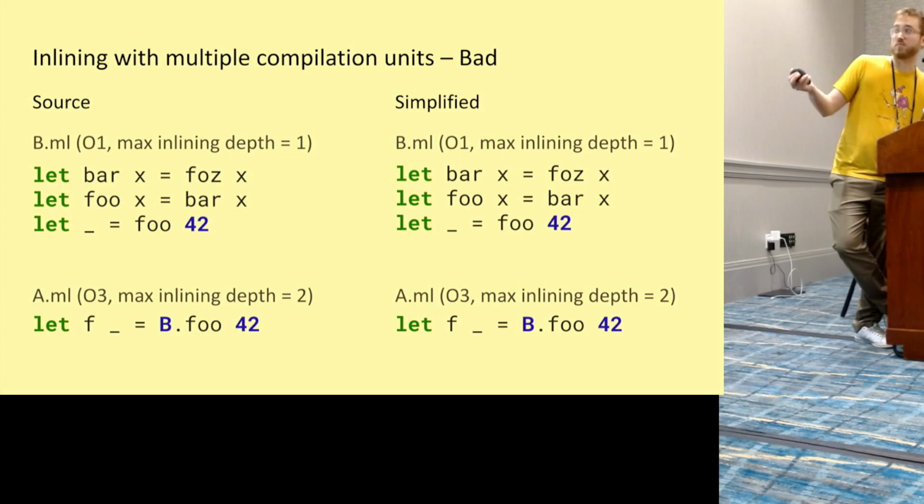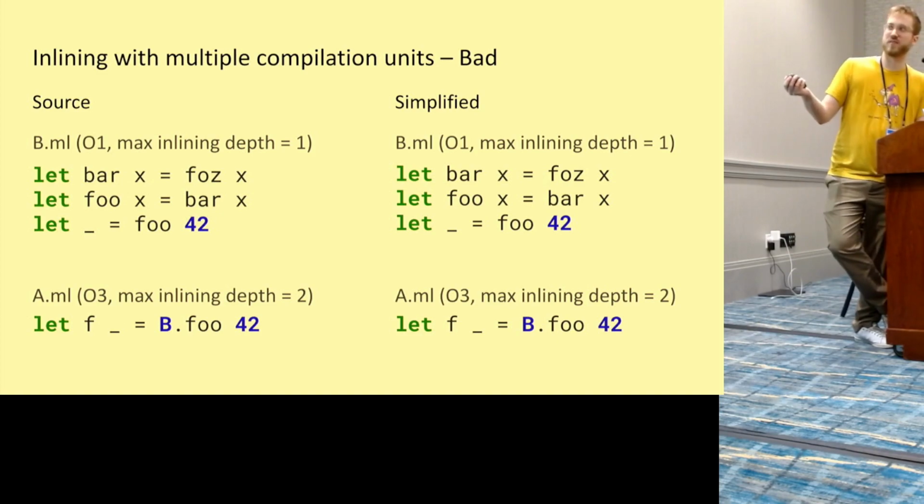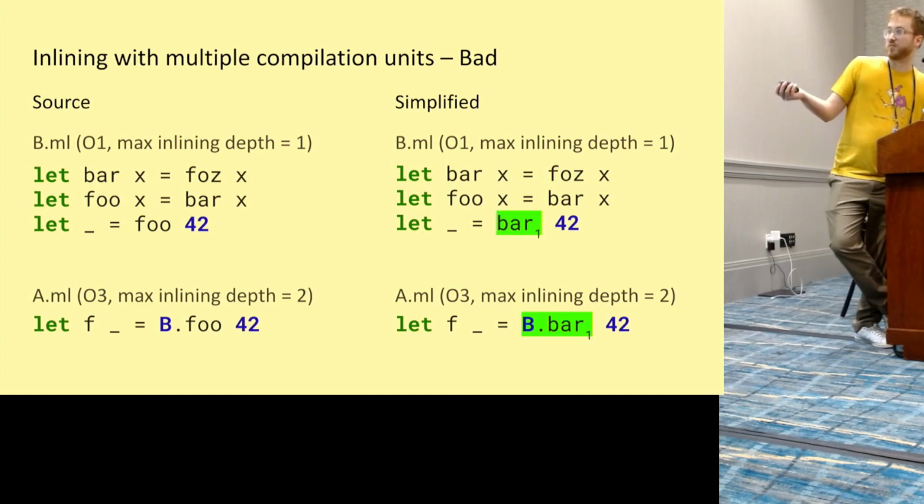So B will be very shallowly inlined. That means for us that when the user compiles B, they don't really care about the performance of any code coming from B. It's not really performance sensitive. So we shouldn't export more information than necessary. And A is compiled with a bigger inlining depth. So we could say, oh, I'm inlining foo, that makes bar appear.